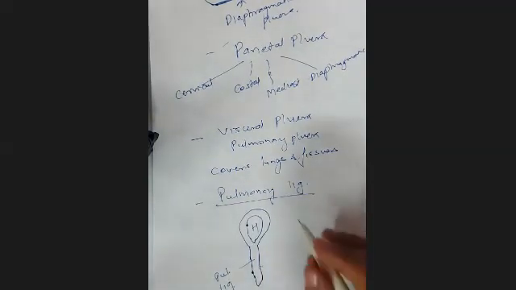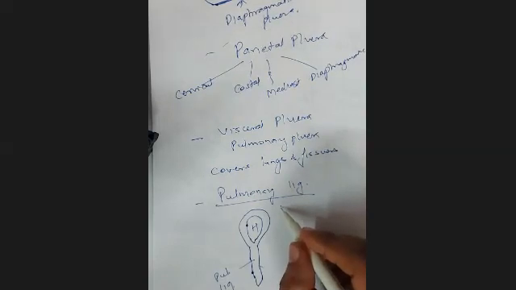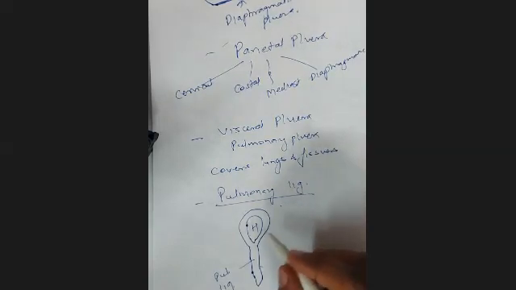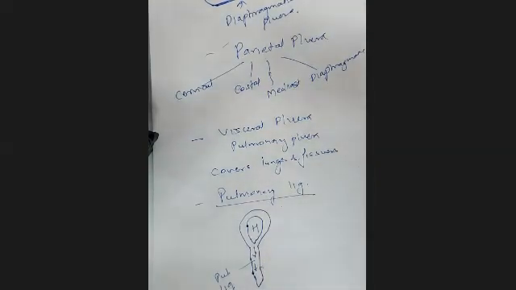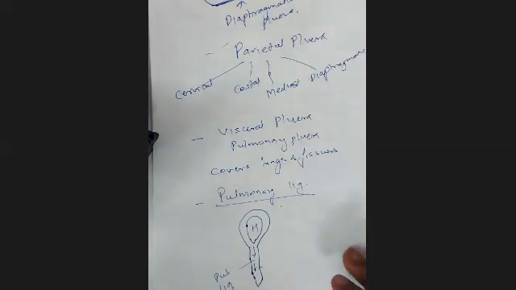Now what is this pulmonary ligament for? It provides a space for the hilum to descend, because every time we breathe, the lung expands.